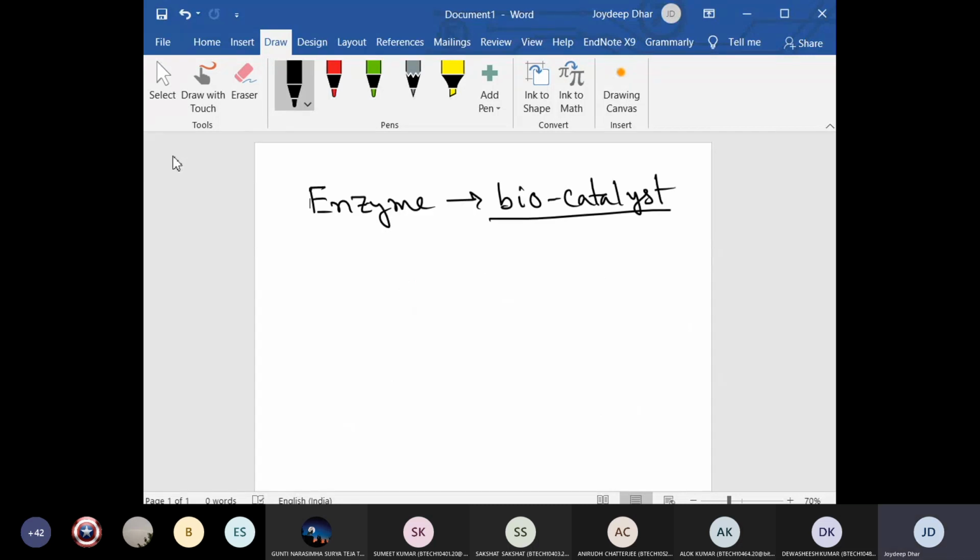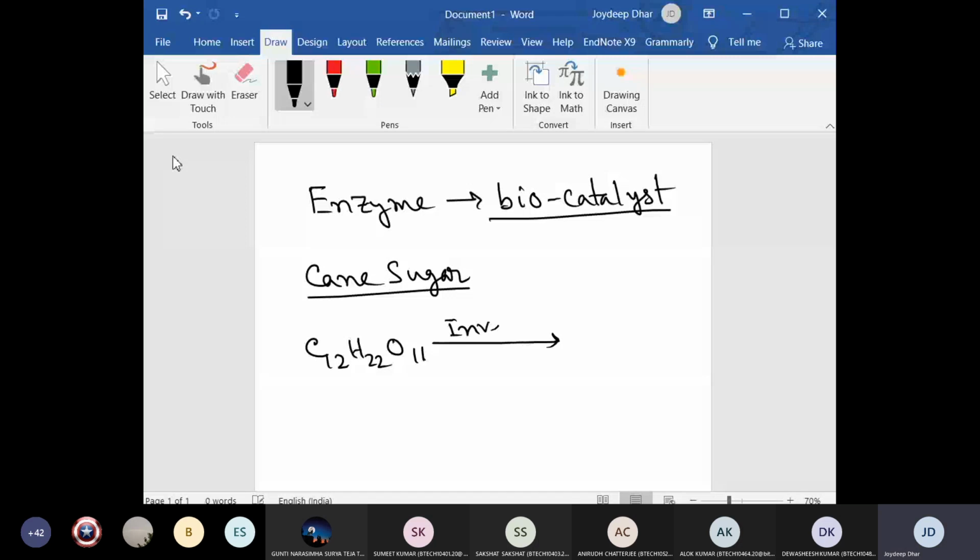Similarly, if you have cane sugar, that is a common example, the formula you know, C12H22O11, the enzyme will be invertase. Invertase will give you glucose and fructose, C6H12O6. Both have the same molecular formula, glucose and fructose, only the functional group is different.